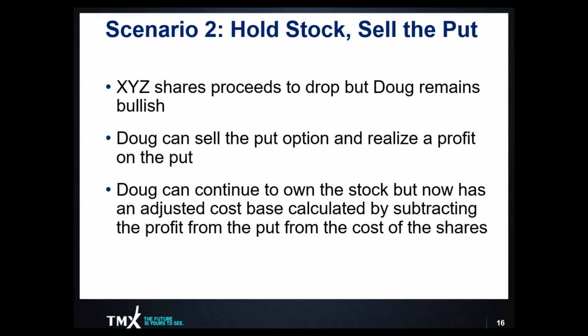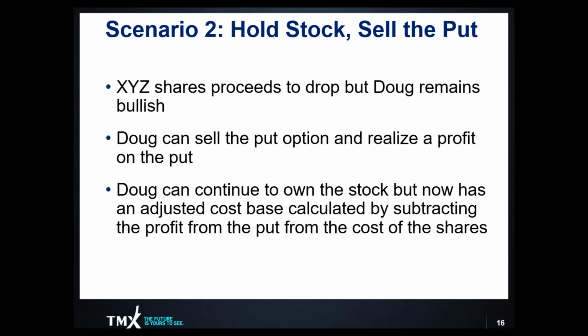Now, the other scenario is, let's say Doug still thinks that there's the possibility for the shares to increase, but wants to monetize the profit that's been generated with the put. So XYZ shares proceed to drop, but Doug remains bullish.